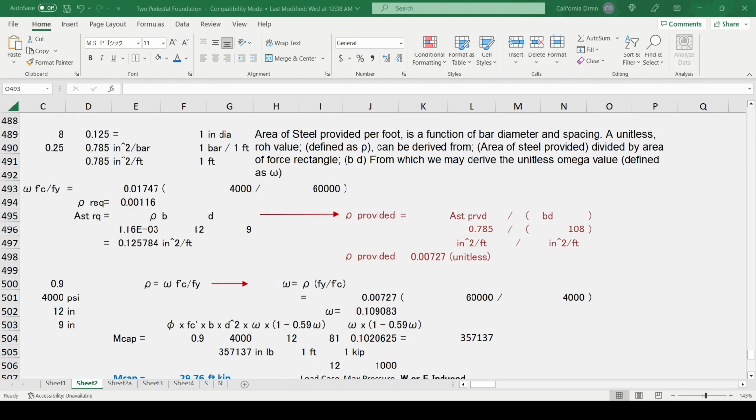Area of steel provided per foot is a function of bar diameter and spacing. A unitless rho value, defined as rho, can be derived from area of steel provided divided by area of force rectangle, BD, from which we may derive the unitless omega value, defined as omega.